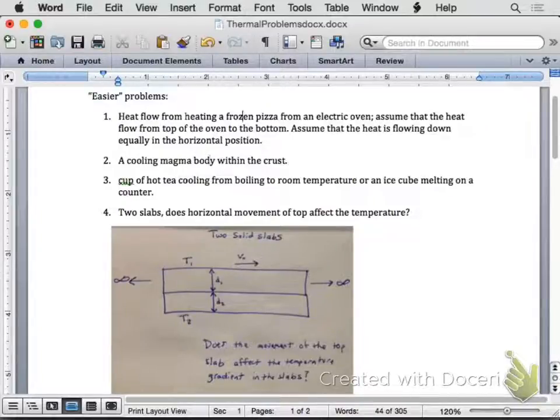So with this first one, our question is, how long does it take for the pizza to get to a certain temperature such that we consider it cooked? This one, how long does it take for the cup of tea to reduce itself down to close to room temperature?